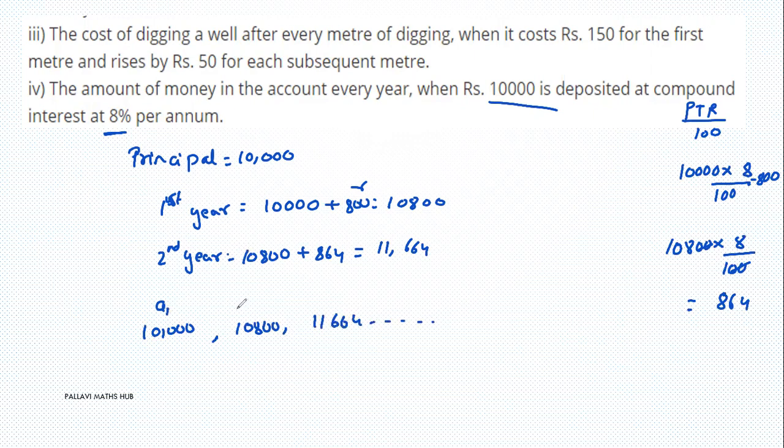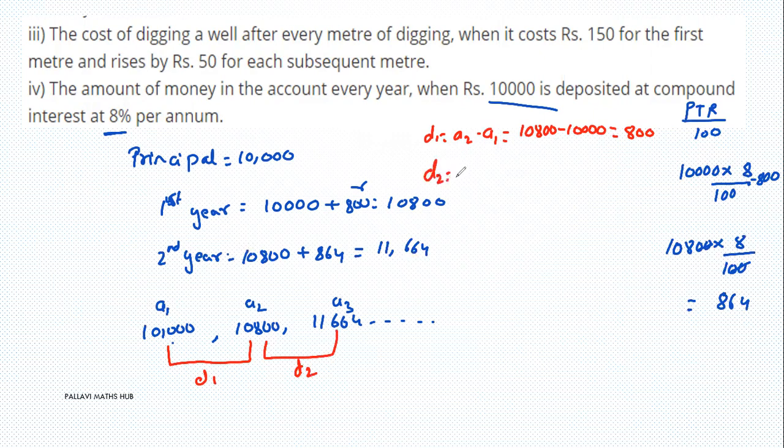Okay, so now A1, A2 and A3. Now find out the common difference. Find out D1. D1 is equal to A2 minus A1. The value of A2 is 10,800 minus 10,000, which is equal to 800. Now find out D2.